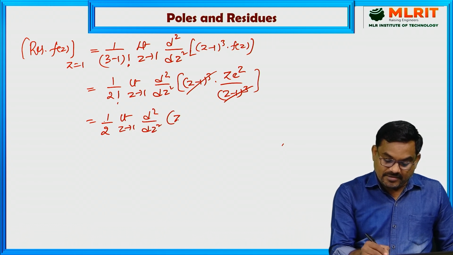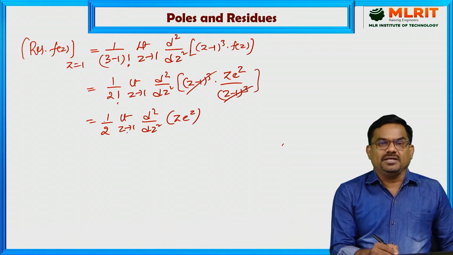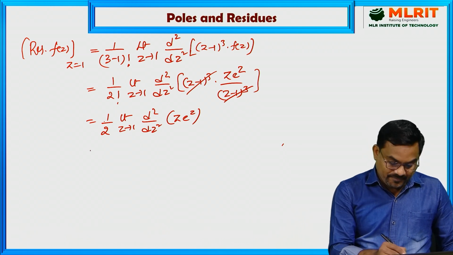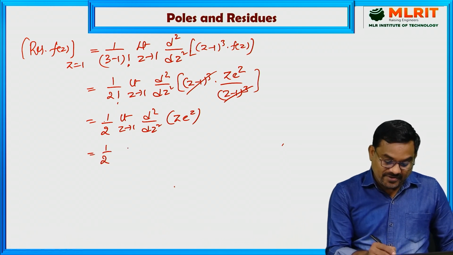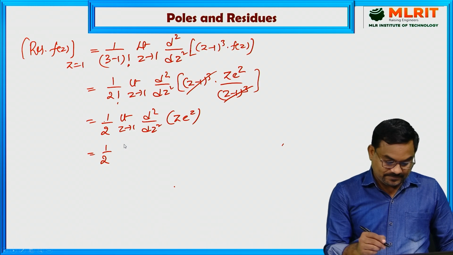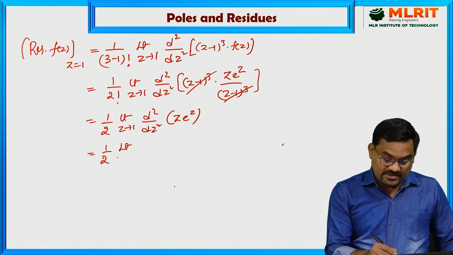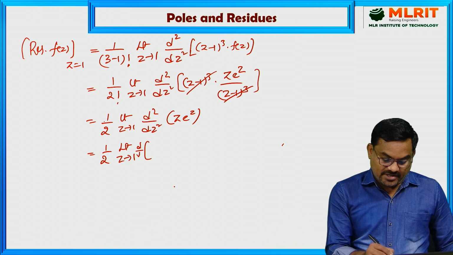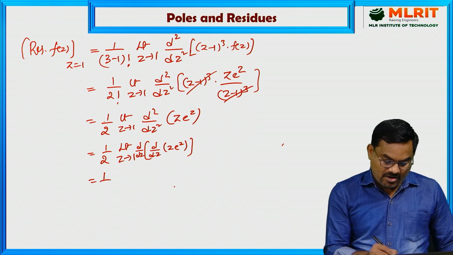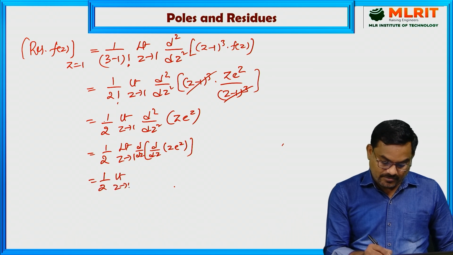We need to find the second order derivative of this z e power z, and then we apply the limit as z tends to 1. So this is equal to half into limit z tends to 1, the first order derivative of z e power z. So half into limit z tends to 1 d by dz of UV rule.